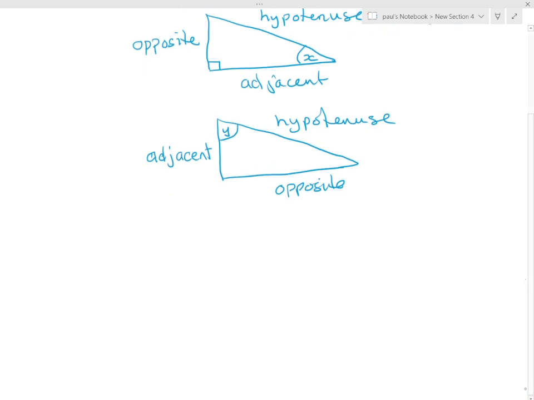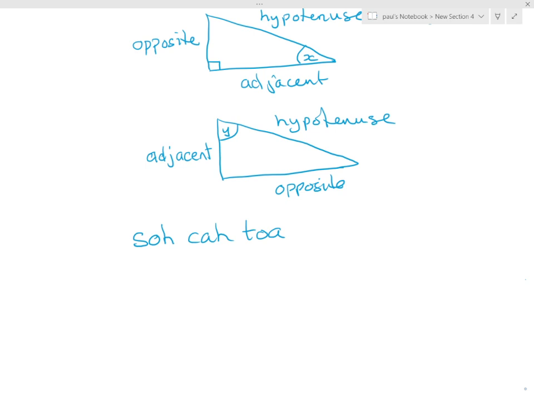Now once you know what they are, you need to remember this for trigonometry. This is SOHCAHTOA. Now this can be split up into three different parts, and it will give you an equation or a formula to find the unknown side or angle regardless of what you know.